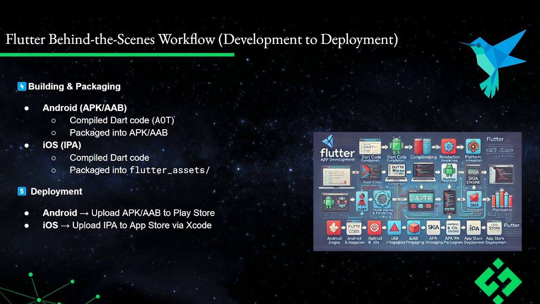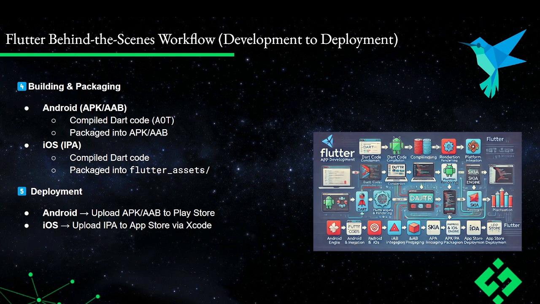The fourth phase is the build and packaging phase. In this phase, our compiled Dart code is packed into APK format, APK bundles, and in the case of iOS, our compiled Dart code is packed into Flutter assets. So this is the build and packaging phase, and the final step is the deployment phase. In the deployment, either we can distribute the APK to local devices or directly upload the APK to Play Store.